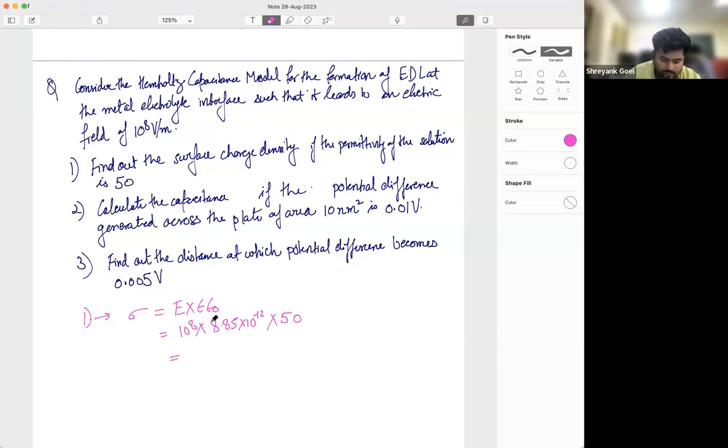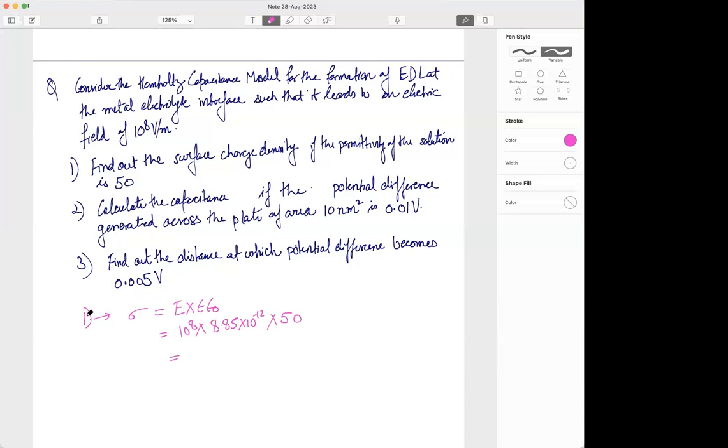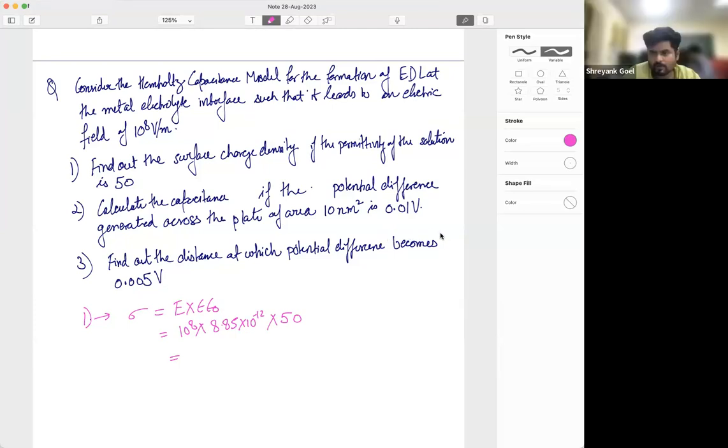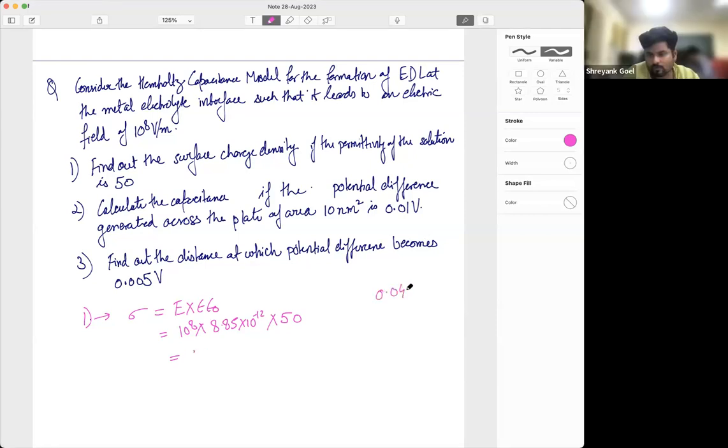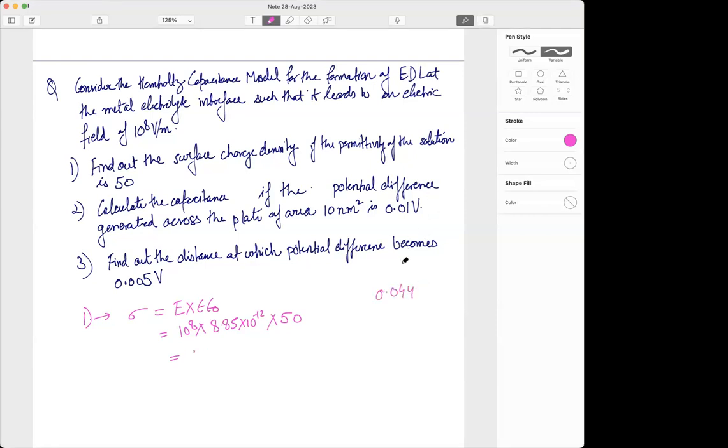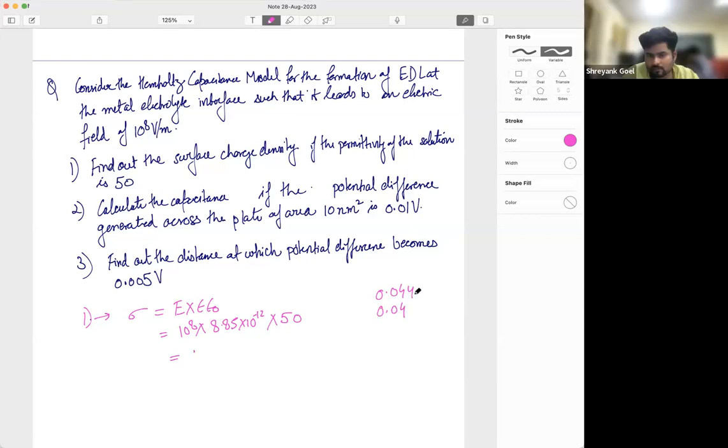I think it's wrong. Dipanvita, what's the answer? 0.04. Okay, let's check.